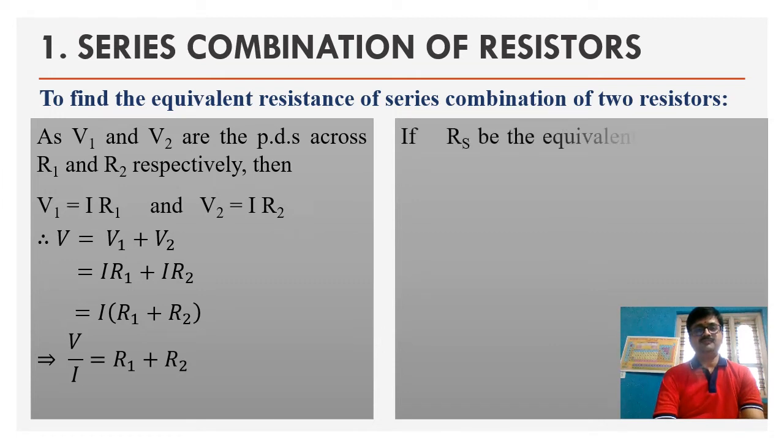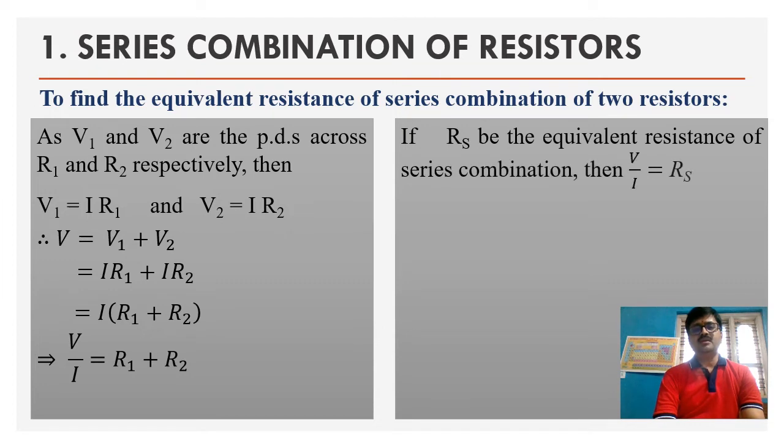Okay, then after this let us assume one resistance which can replace both these resistances R1 and R2. That is also known as an equivalent resistance. What is an equivalent resistance? The resistance which can completely replace the two resistors in series under the same potential difference. So obviously if I am replacing both the resistances R1 and R2 by RS, then very clearly V divided by I must be equal to what?